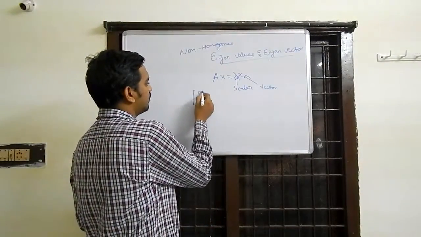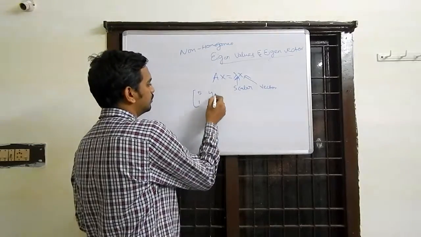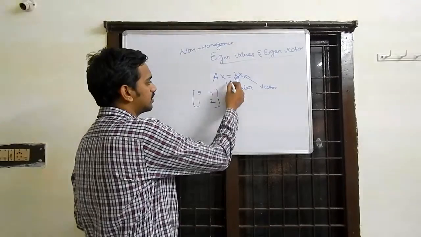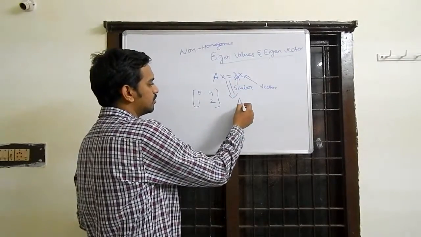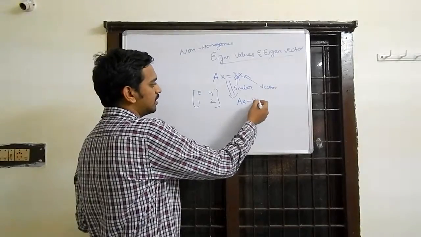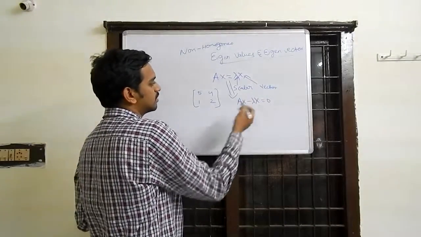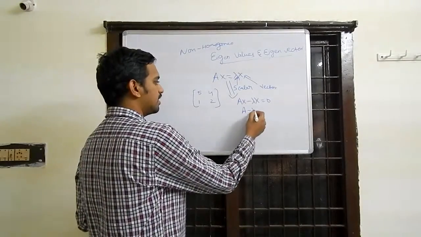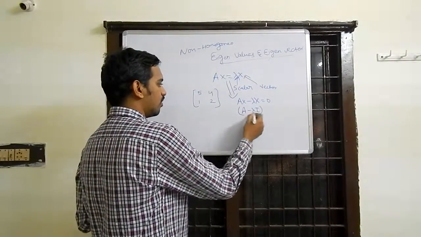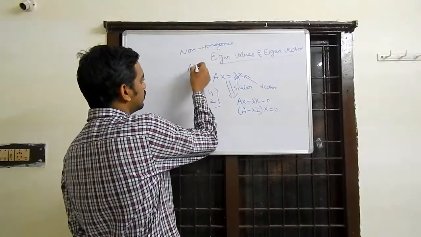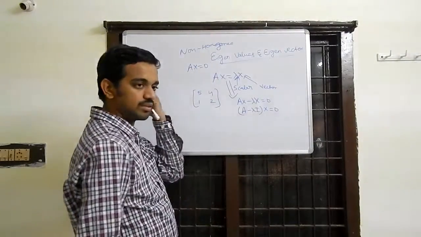The matrix is 5, 4, 1, 2. I am writing the lambda x on the left-hand side, that is Ax minus lambda x is equal to 0. A minus lambda I of x is equal to 0. So this looks like Ax is equal to 0.